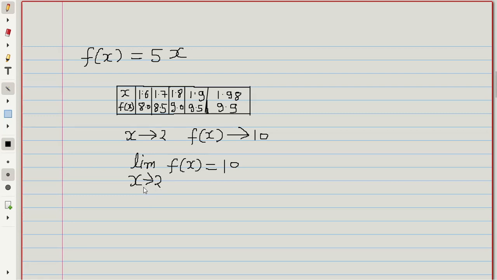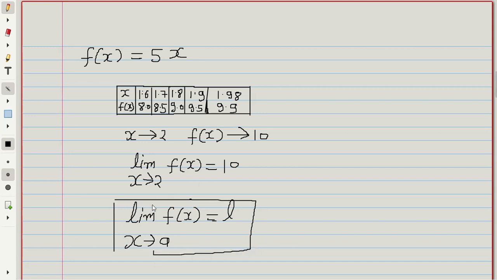Now in general you can write that limit of function f(x) is L when x tends to a. So this is the definition of limit of a function, where L is the limit of f(x).